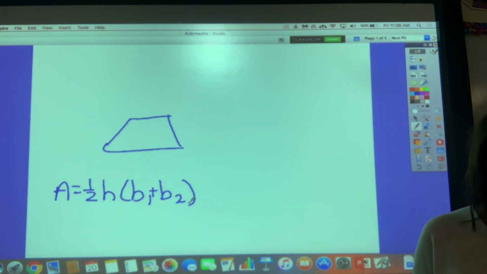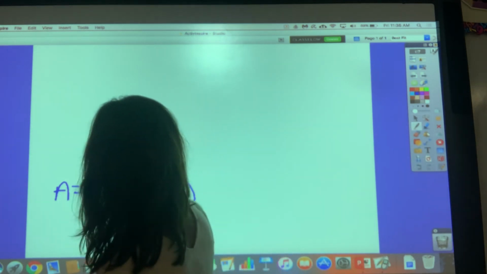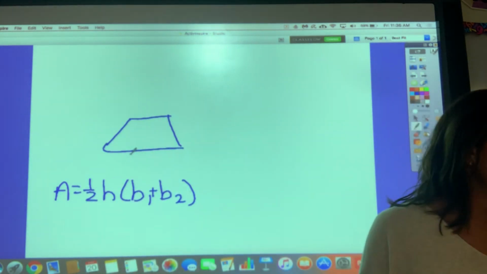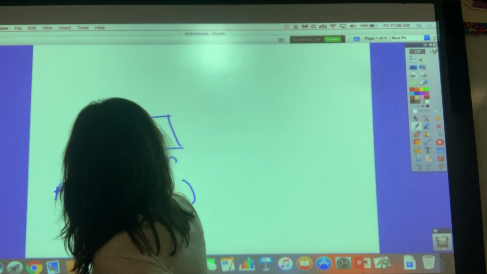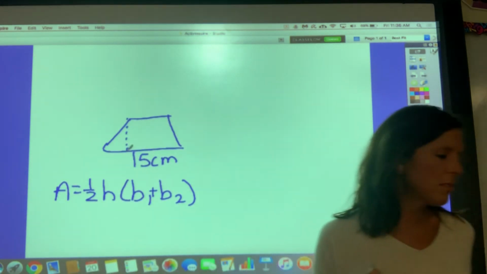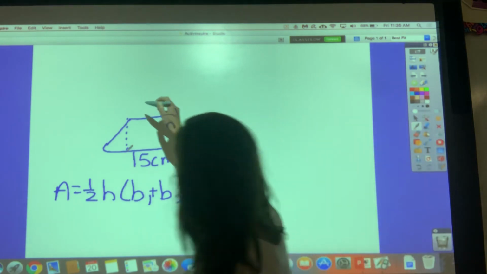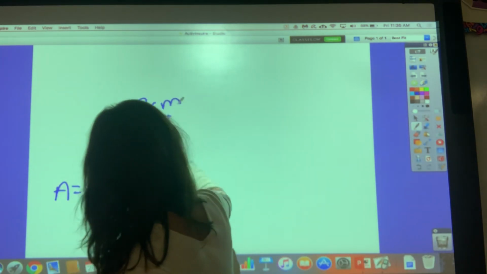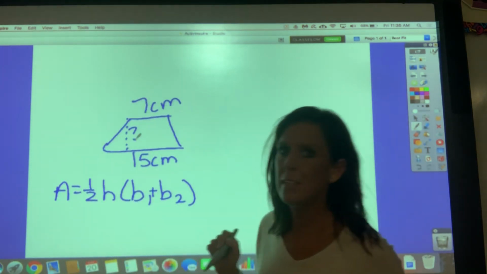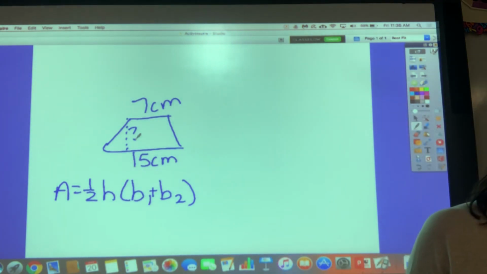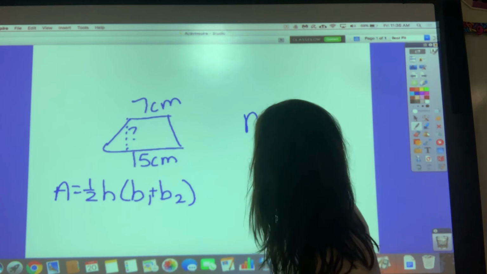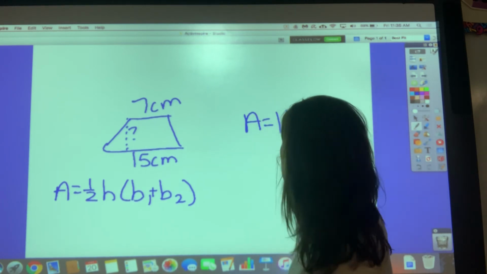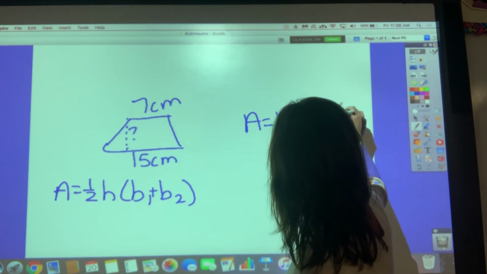So on this one, the base sub 2 is going to be 15 centimeters, the base sub 1 is going to be 7 centimeters. We do not know the height. But we do know that the area is 110 centimeters squared.